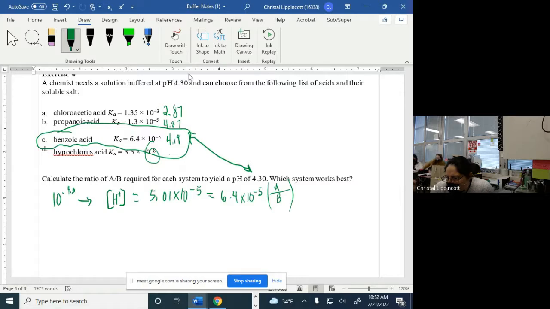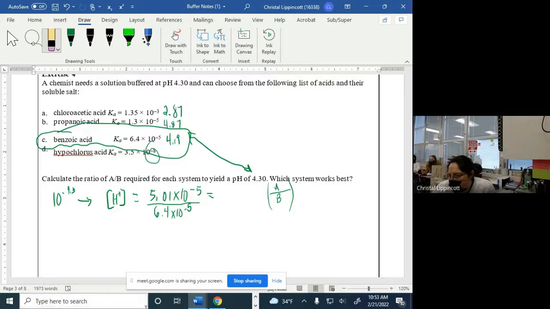You divide by 6.4 times 10 to the minus 5 on both sides, and that's going to give me my ratio. So 5 divided by 6.4, something like that. Makes sense? Everybody cool with that?